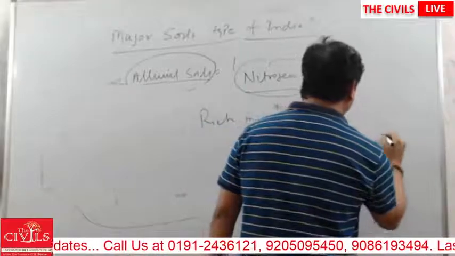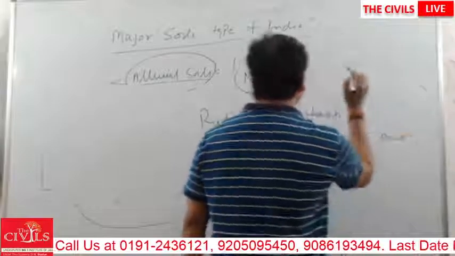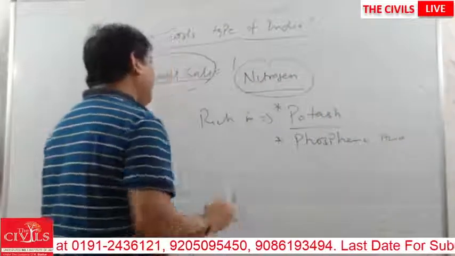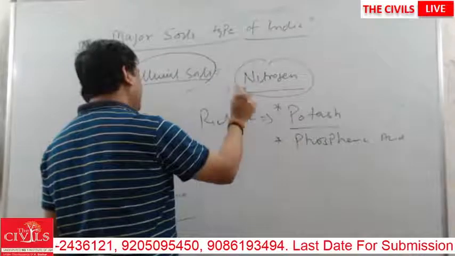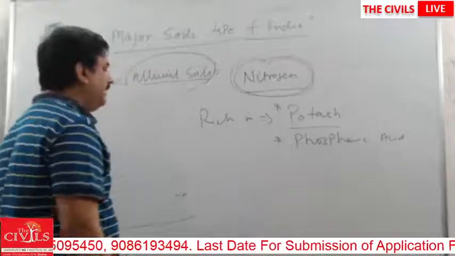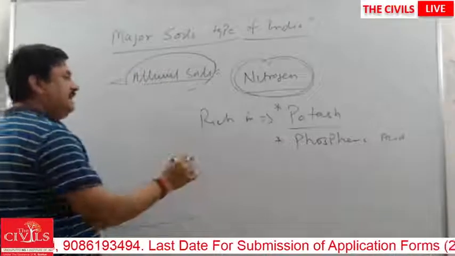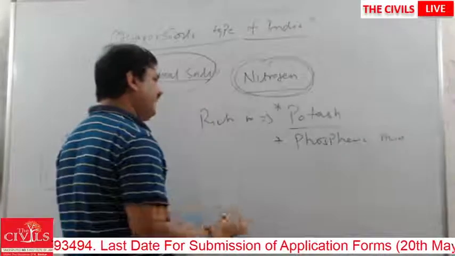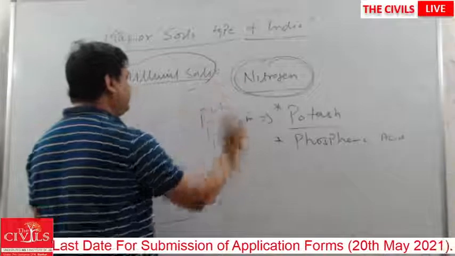Look here, almost all the soils of India are poor in nitrogen. So alluvial soil is rich in potash and phosphoric acid but poor in nitrogen.